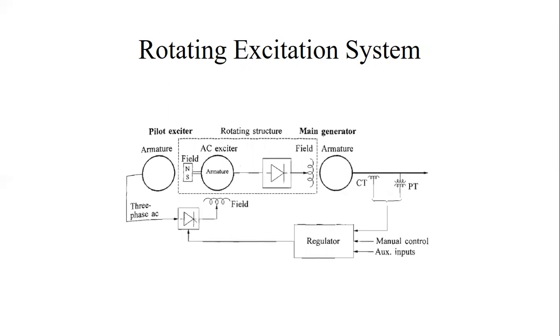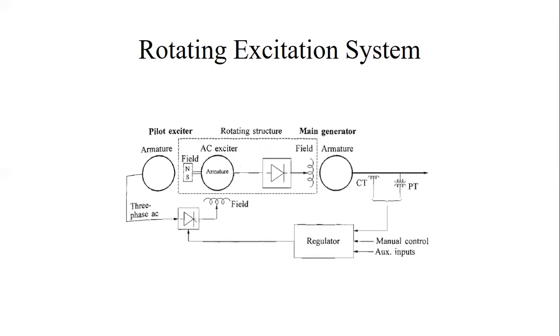Now let's see the next type of AC excitation system, which is the rotating rectifier system. With the rotating rectifiers, the need for slip rings and brushes is eliminated, as shown in the schematic diagram of the rotating type excitation system. The armature of the AC exciter and the diode rectifiers rotate with the main generator field.